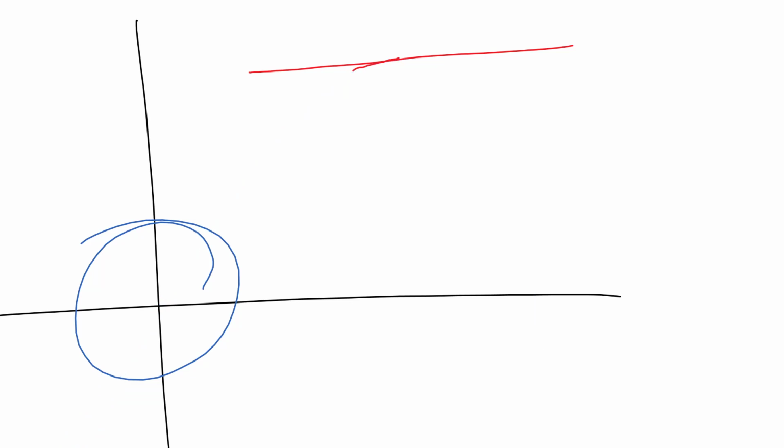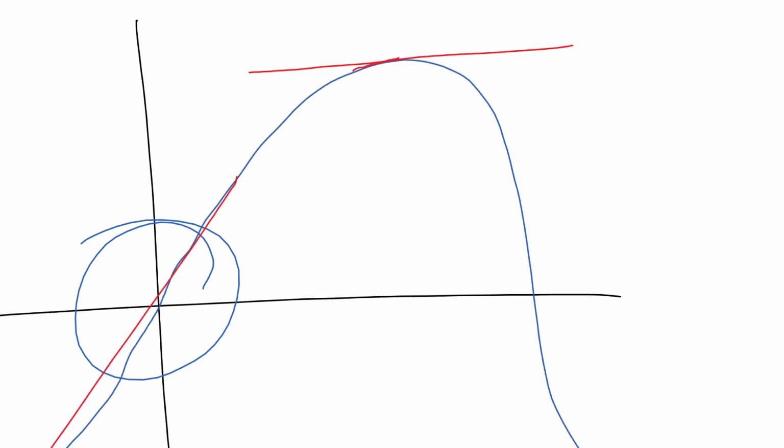The idea is that if you get close enough, it looks like a straight line. If you zoom in here, as you get closer and closer, sine of x is approximately equal to x as x goes to 0.